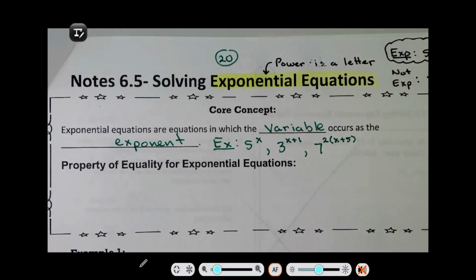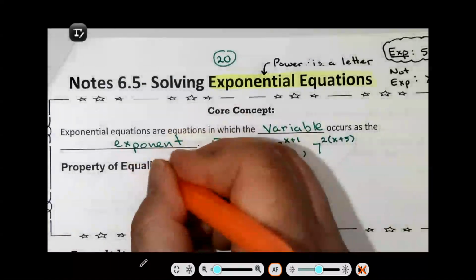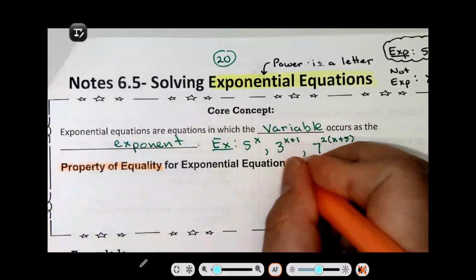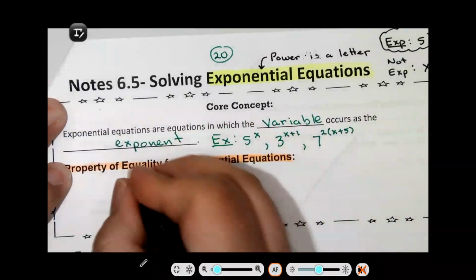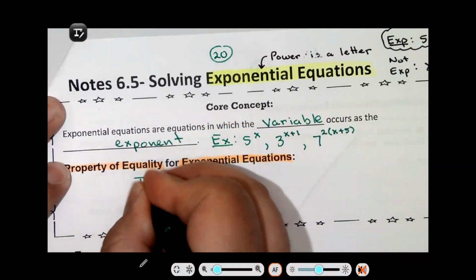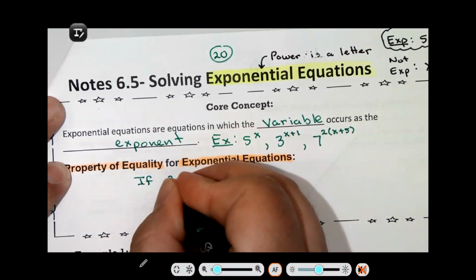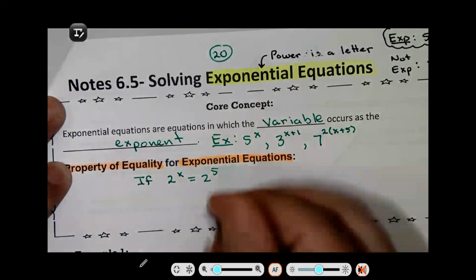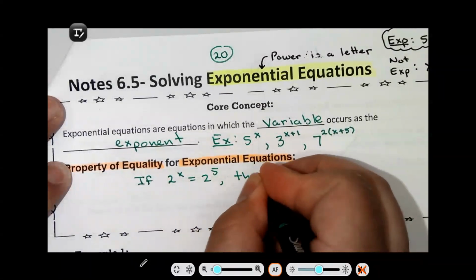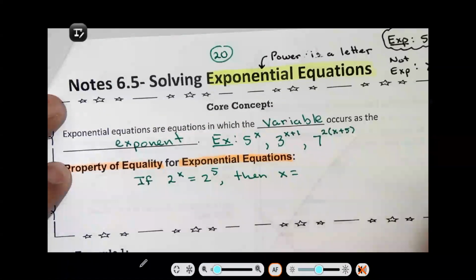So here's today's rule. The property of equality for exponential equations. Okay. So here's the idea. If it says 2 to the power of x is equal to 2 to the power of 5, then the question becomes, what is x then?